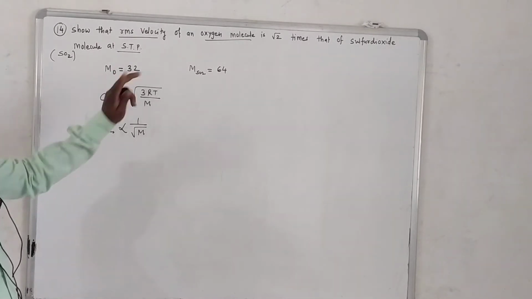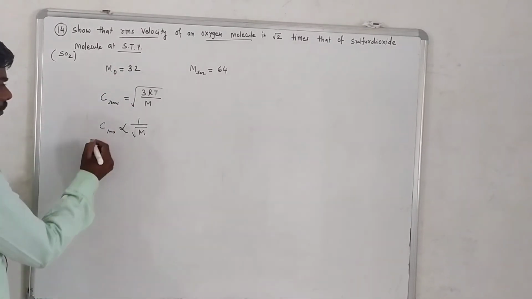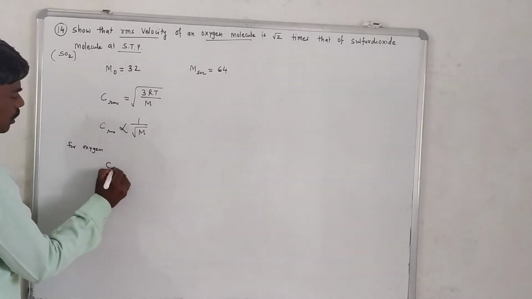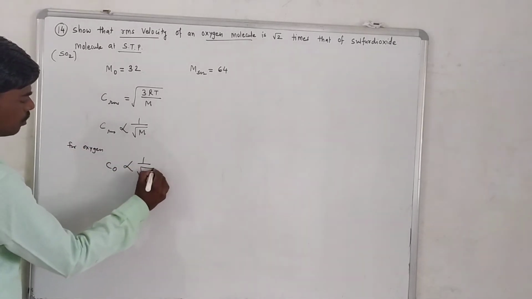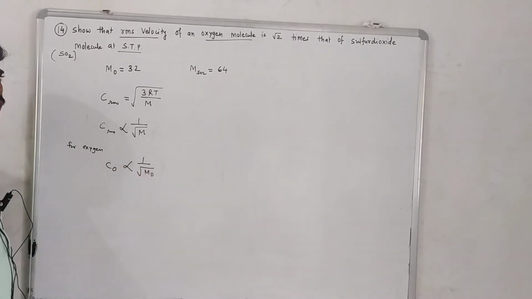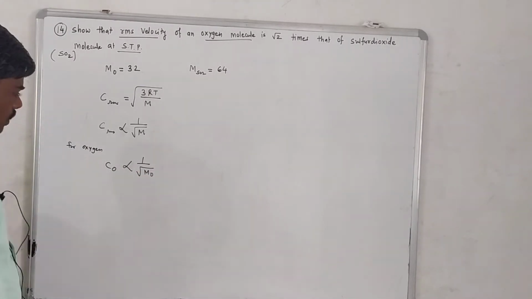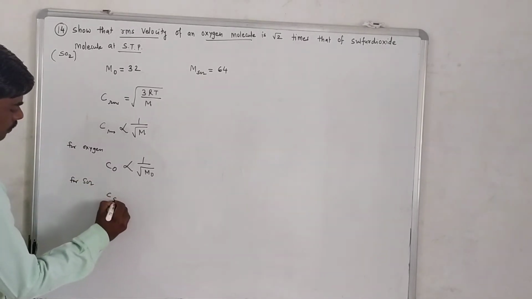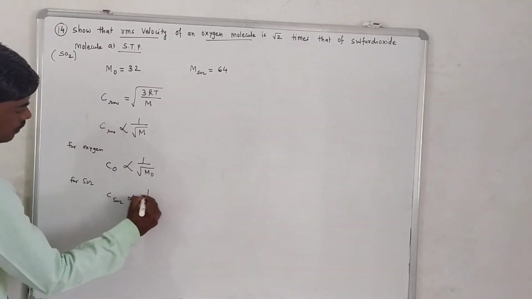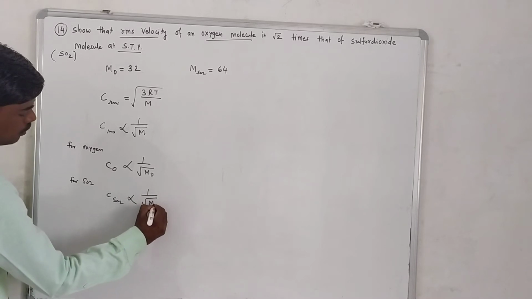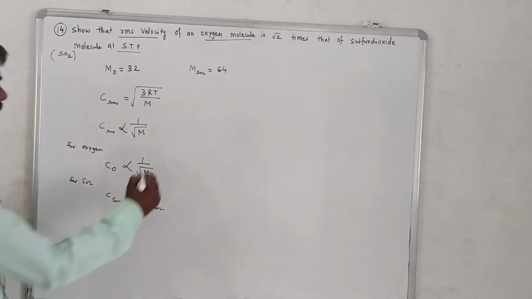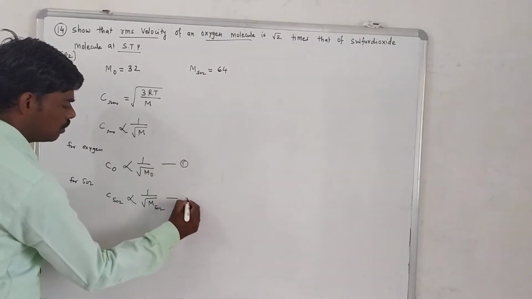So for oxygen, the above equation becomes C_O inversely proportional to the square root of M. Then for SO2, C_SO2 is inversely proportional to the square root of the molecular weight of SO2. This is equation 1, this is equation 2.